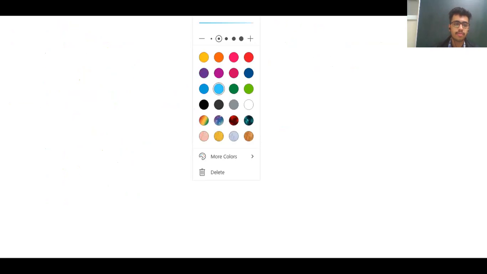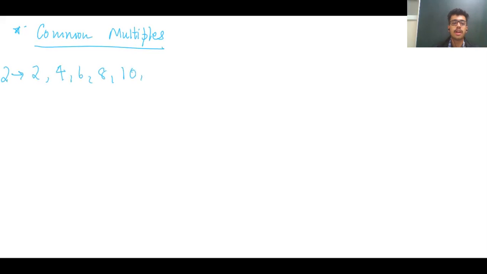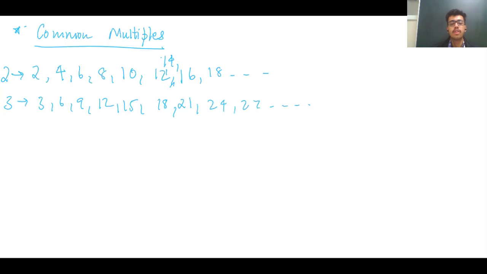Now come to something called common multiples. Remember we wrote for 2, the multiples are 2, 4, 6, 8, 10, 12, 14, 16, 18 and so on. Similarly for 3, we wrote 3, 6, 9, 12, 15, 18, 21, 24, 27 and so on.